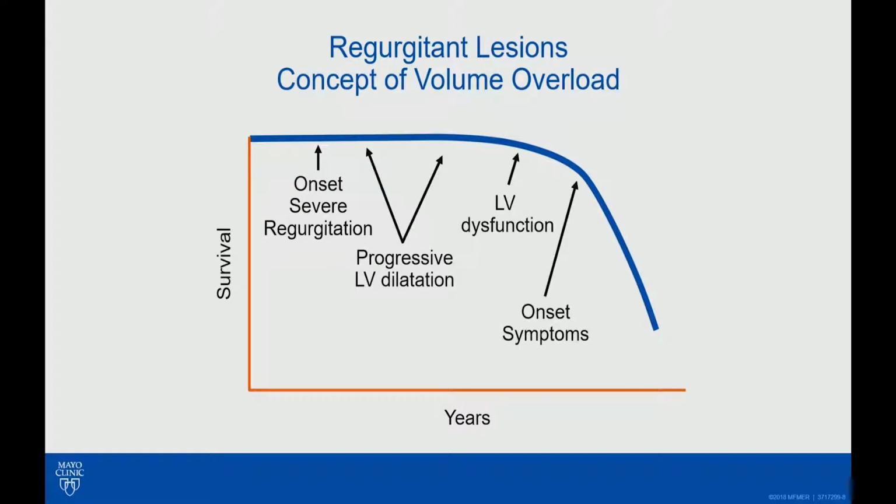By the time they get symptoms, they might have had severe MR for a long time, progressive LV dilatation over time, then irreversible left ventricular dysfunction can initiate, and then the onset of symptoms can occur. So our job is to try to figure out how we can intervene soon enough to help this patient.